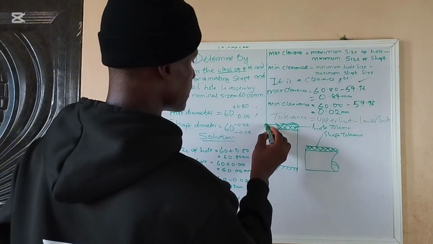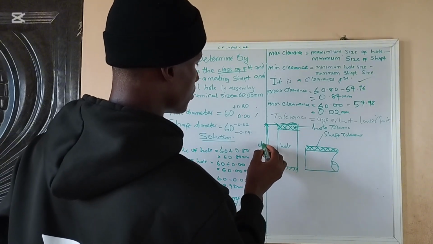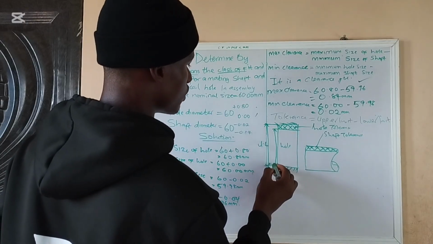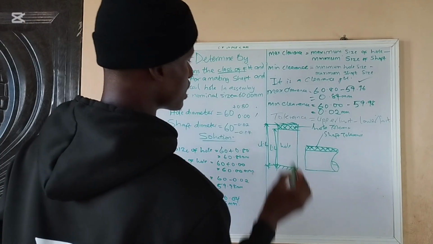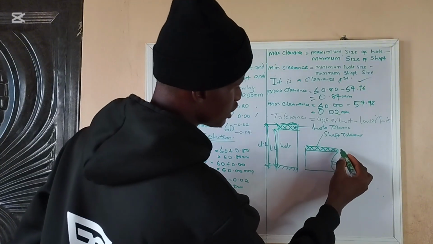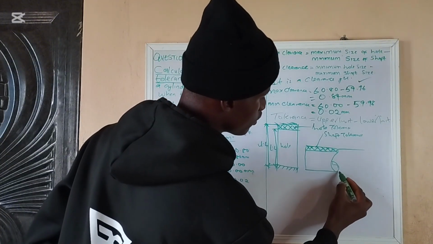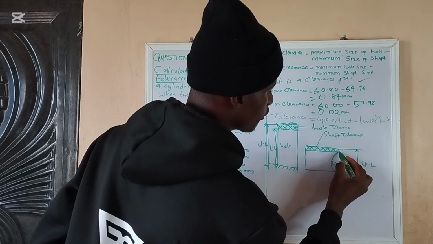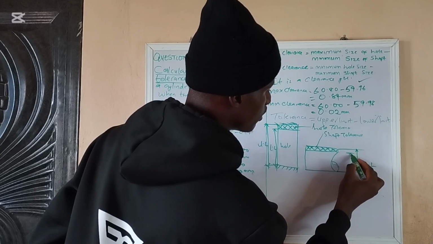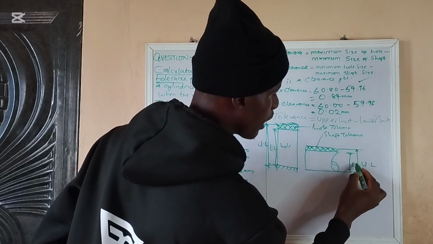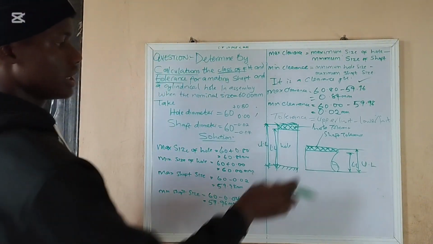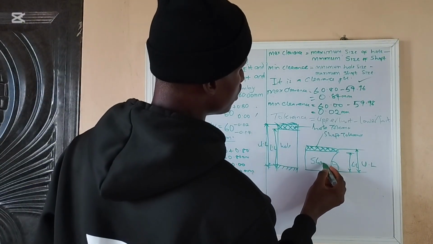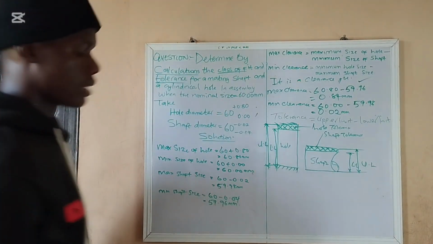This is the upper limit, let me use that as UL, and from here to here, this is the lower limit. Same thing goes to the shaft also: from here to here is the upper limit, and from here to here is the lower limit. So this is our shaft tolerance and this is our hole tolerance right here.